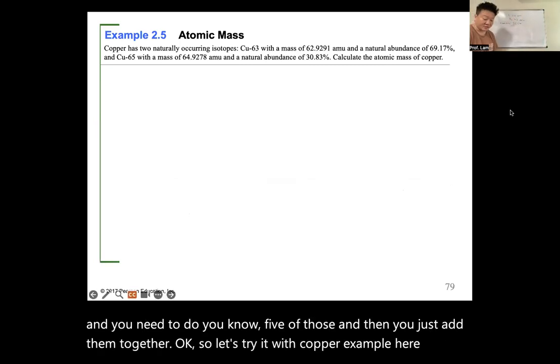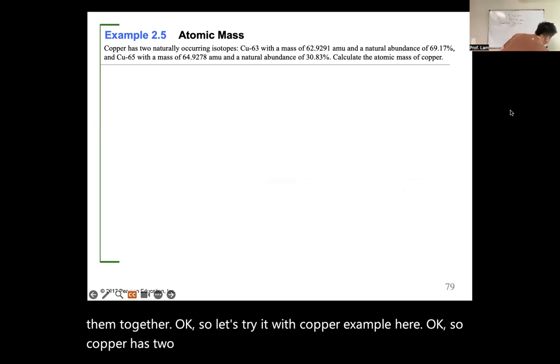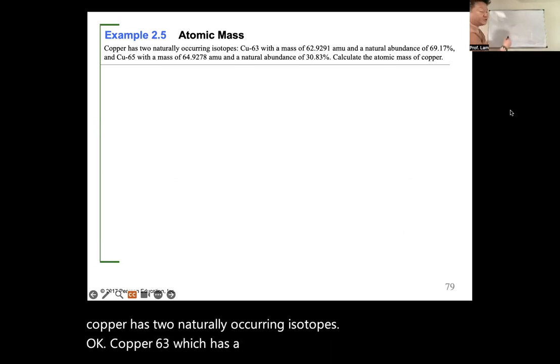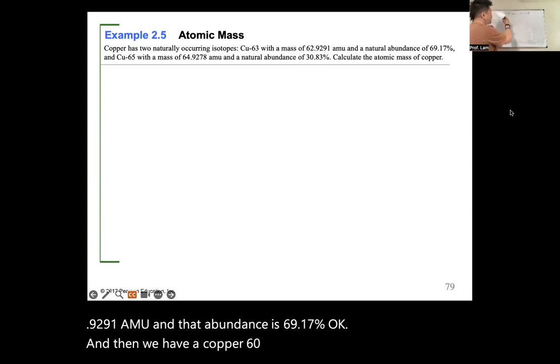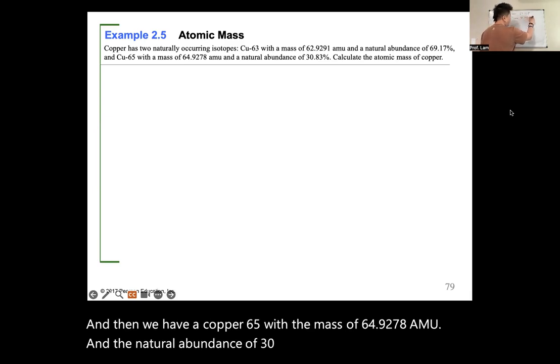Copper has 2 naturally occurring isotopes. Copper 63, which has a mass of 62.9291 AMU, and that abundance is 69.17%. And then we have copper 65 with a mass of 64.9278 AMU, and the natural abundance of 30.83%.